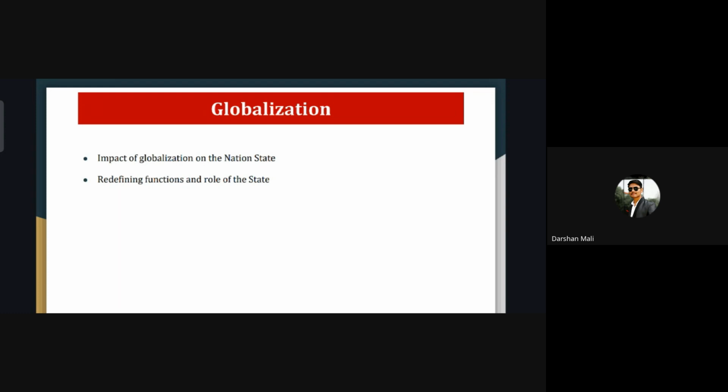These are the different examples. These organizations frame policies for the entire world, for all members of those agencies. So when any particular decision is taken in the World Bank, it is applicable to all the member countries.